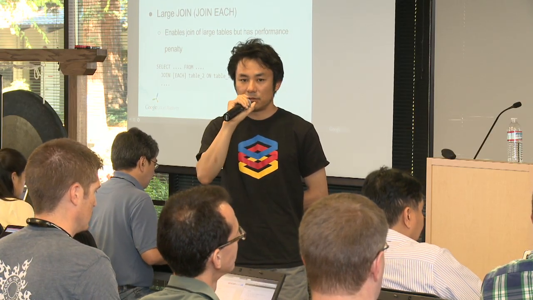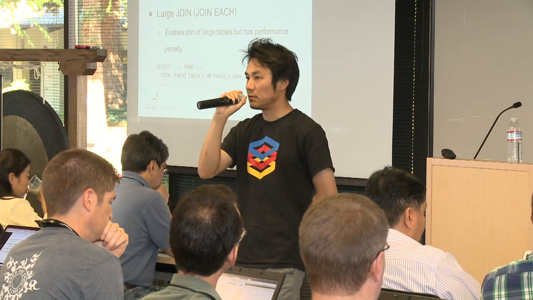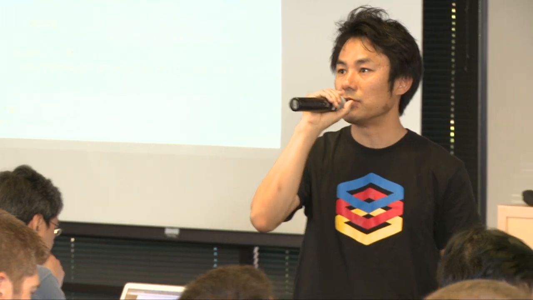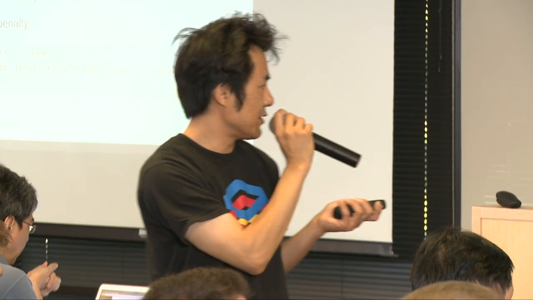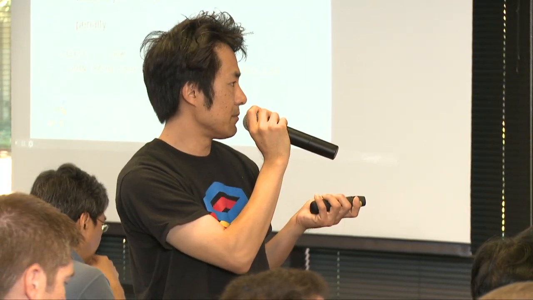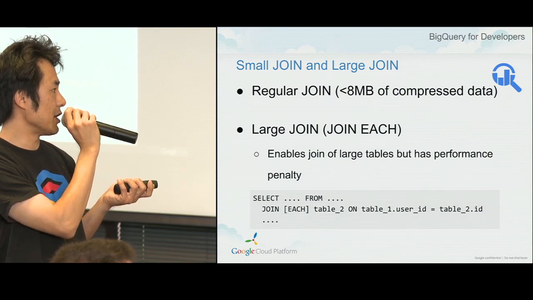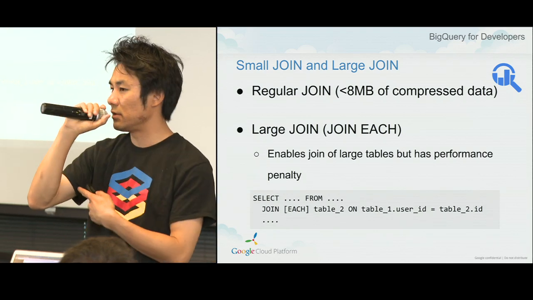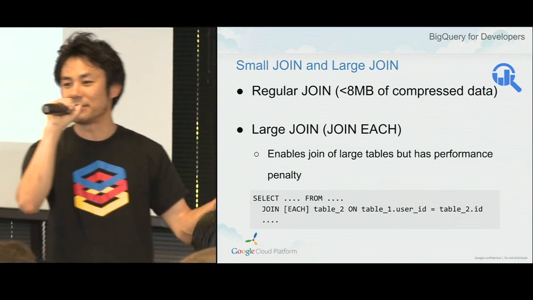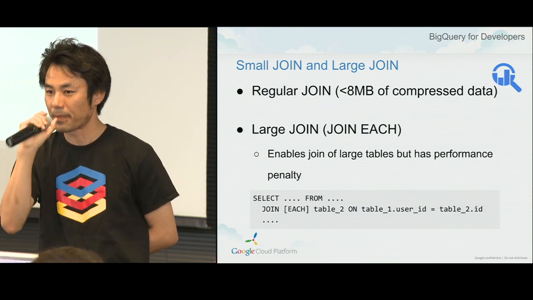And if the table that's joined is larger than 8 megabytes, what we can do is use large join. So instead of just join, add each after the join. All other syntax is the same. In the next session, Wally will talk about why there is a difference between the regular join and large join.